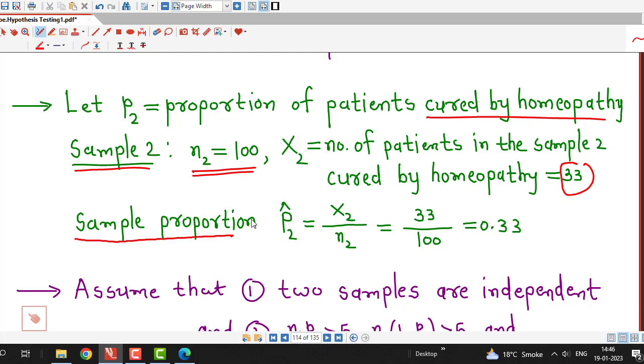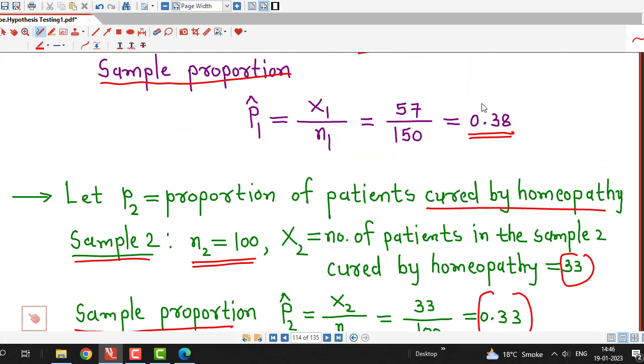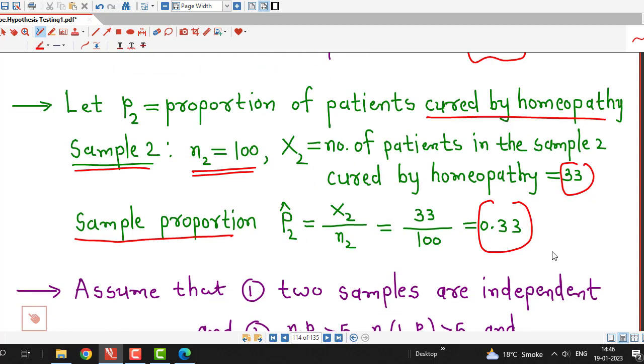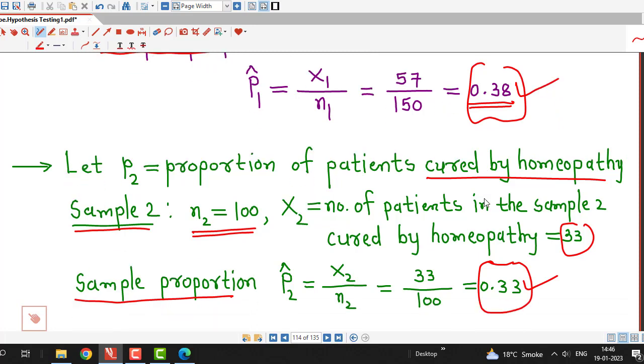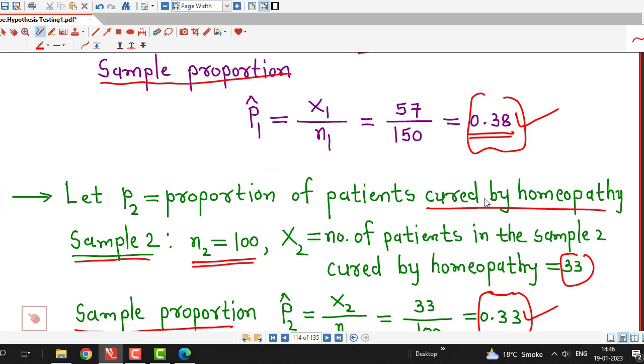Therefore, sample proportion for homeopathic treatment is p2 hat equal to x2 over n2, that is 33 over 100, which is 0.33. So here this is sample proportion for allopathic treatment, this is sample proportion for homeopathic treatment, and we can see this is bigger than this one. So this may suggest that allopathy is better than homeopathy, but that is not always true.